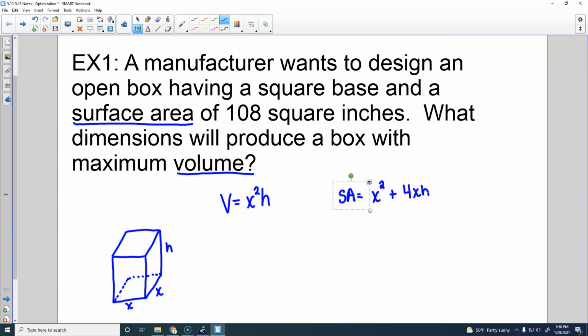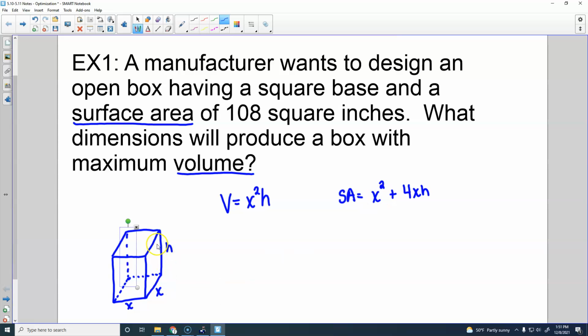Now, that is not like a standard formula that you're going to know, especially since this is an open box. So, Daniel, tell us what you did to figure that out. So, it's one side, which is x times x, and then it's x times h for one side, and there's four sides. Alright, so this bottom would be x times x, because we're just talking about the area of that bottom part. That's our x squared.